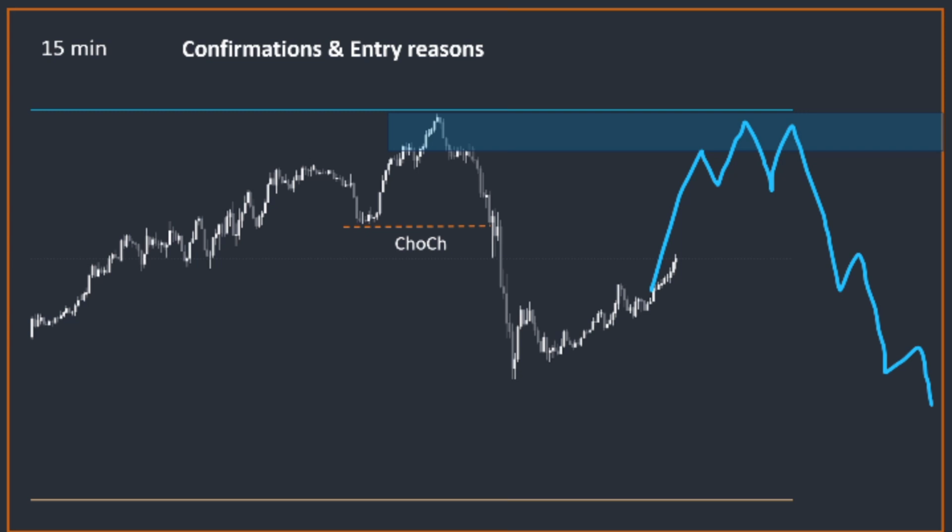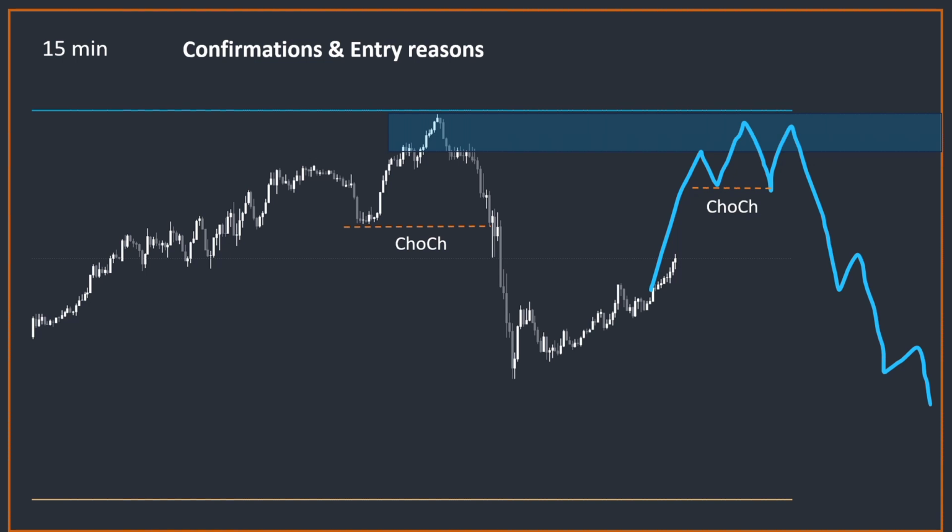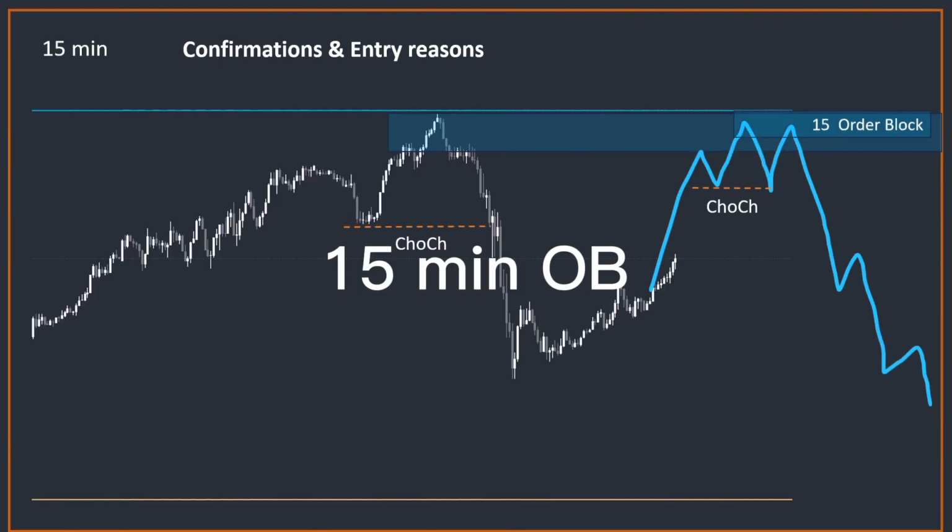All right. But for that to successfully happen, we want to see a change of character here, because this is a short-term uptrend, guys. So we want to see a change of character there, and also a 5 minutes order block.